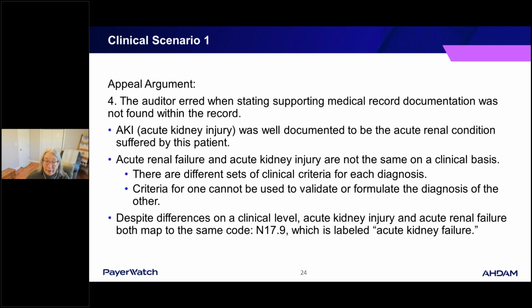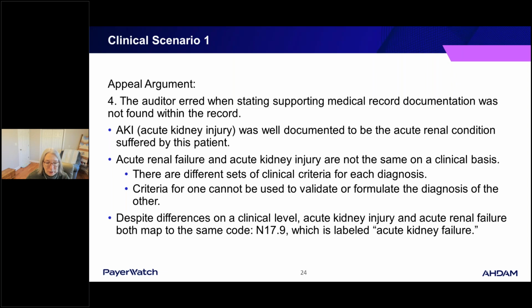Going on to point out that the auditor made a mistake when they said that the medical record did not support the diagnosis. AKI was well documented to be the acute renal condition suffered by the patient. Now, acute renal failure and acute kidney injury are not the same on a clinical basis.